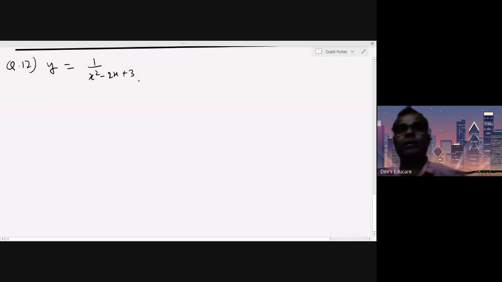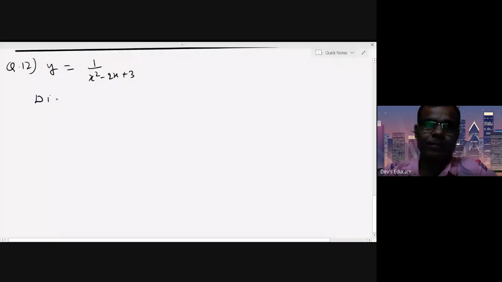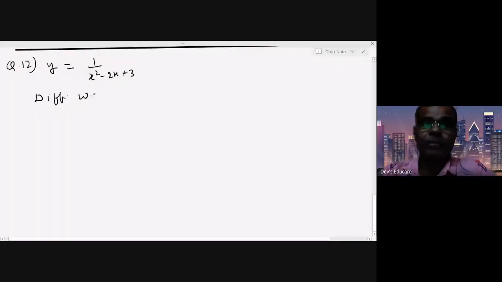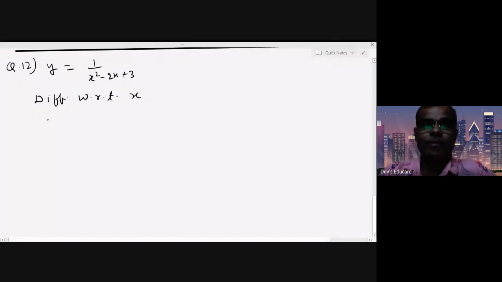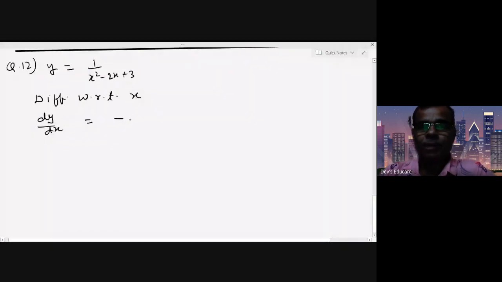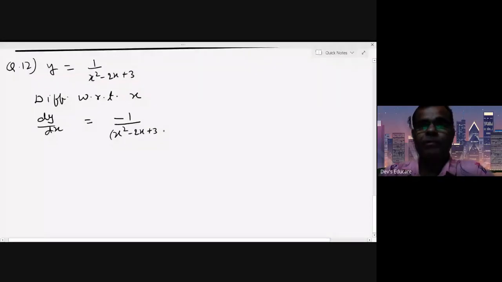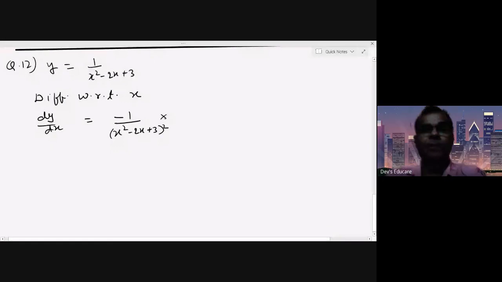So we will find the derivative of this one, differentiating with respect to x. We will have dy upon dx equals minus 1 upon x square minus 2x plus 3 whole square, into the derivative of this function x square minus 2x plus 3.